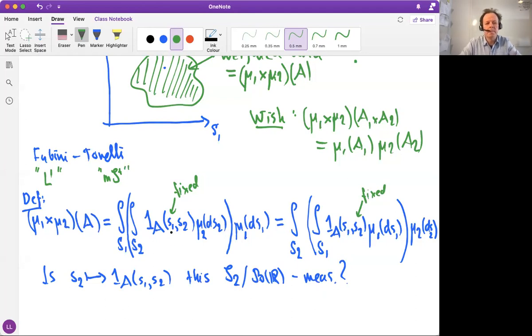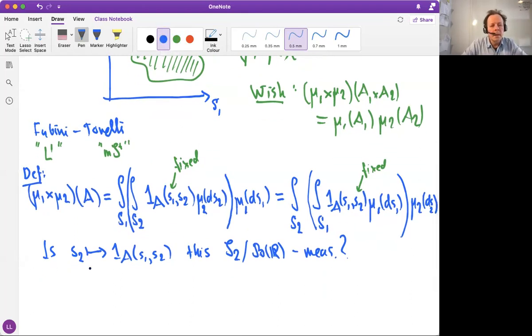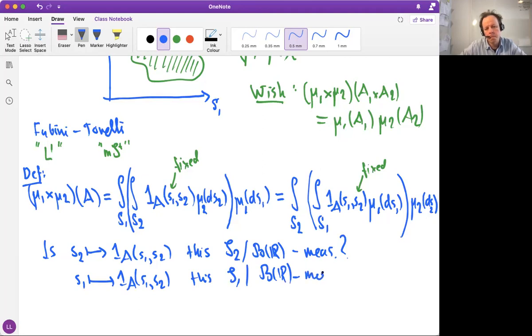And then we ask, similarly, is the function which maps S1 into indicator A, S1, S2, where now the second coordinate is fixed, is this S1 Borel R measurable? So these are our questions here.